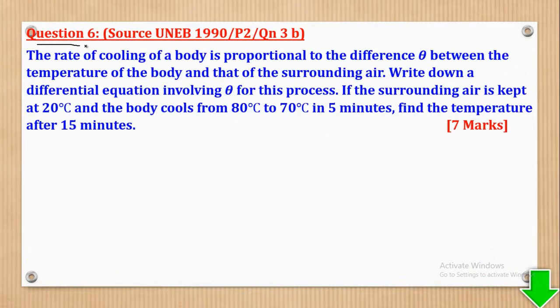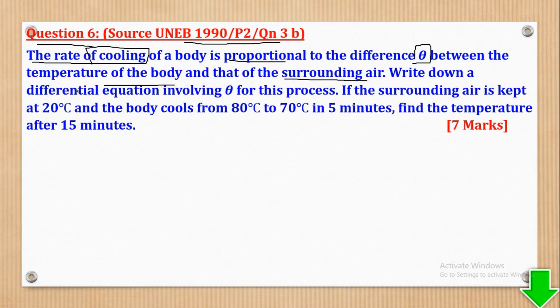So now we shall go to question 6. Question 6 came from UNEB 1990, paper 2, question 3b, and says the rate of cooling of a body is proportional to the difference theta. So now theta no longer denotes temperature of a body, but denotes the difference between the temperature of the body and that of the surrounding air.